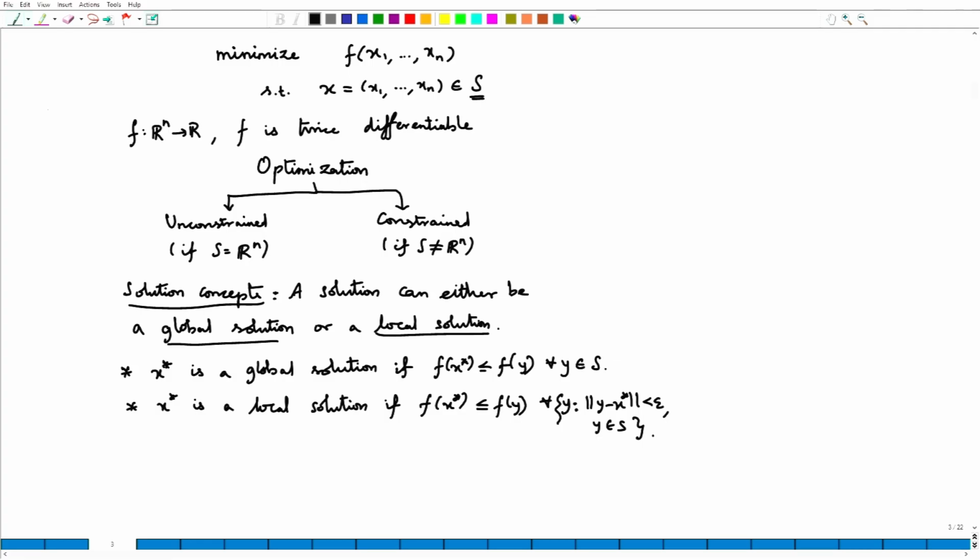Which means local solution is a weaker concept and global solution is a stronger condition that needs to be satisfied.